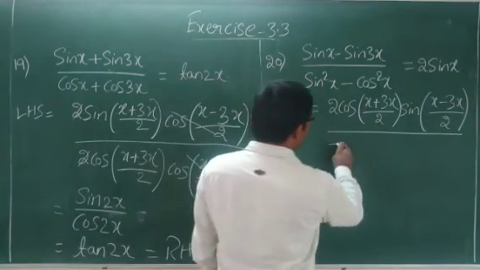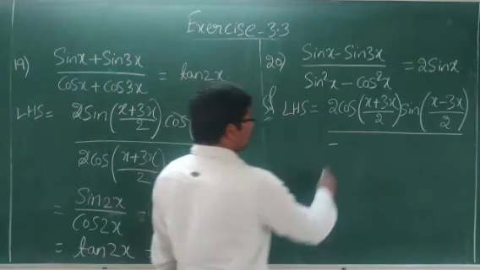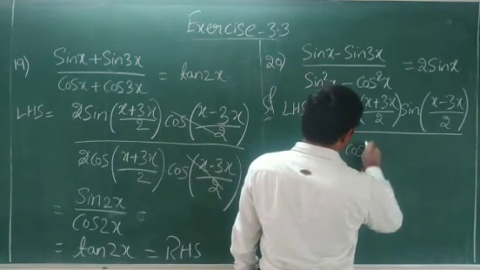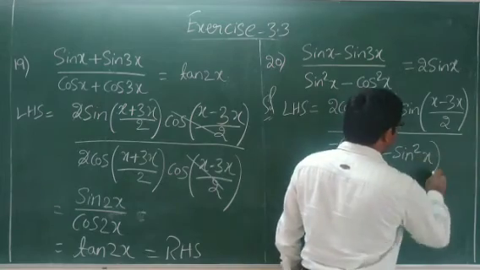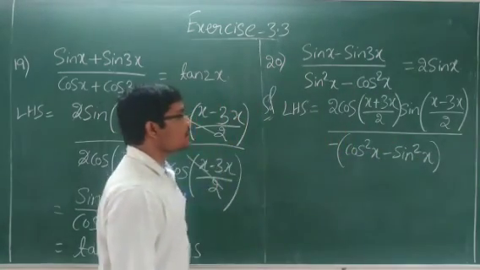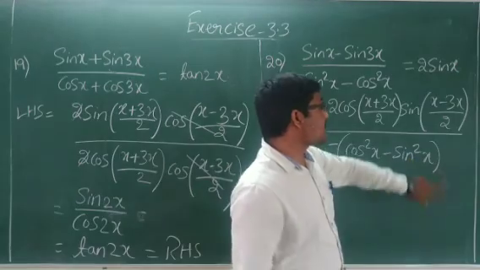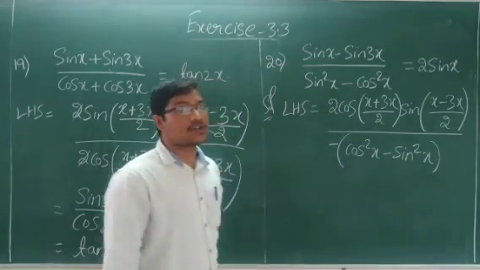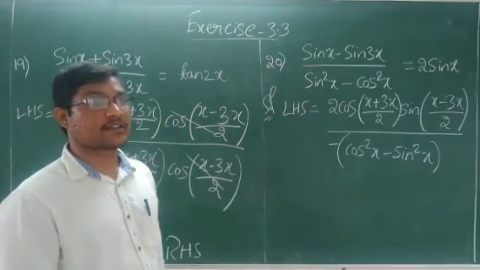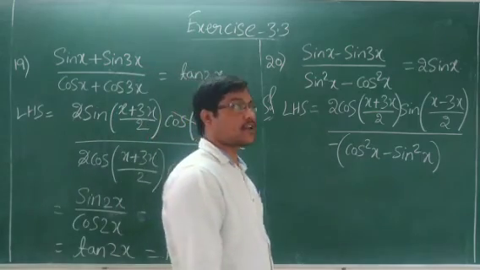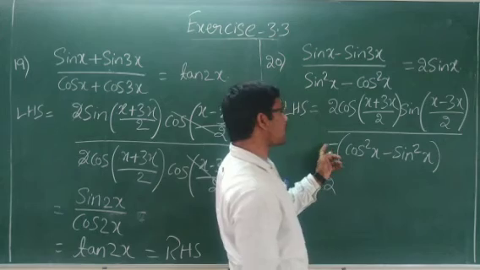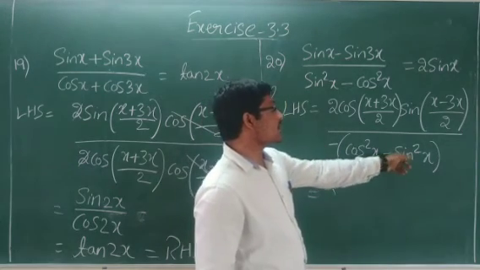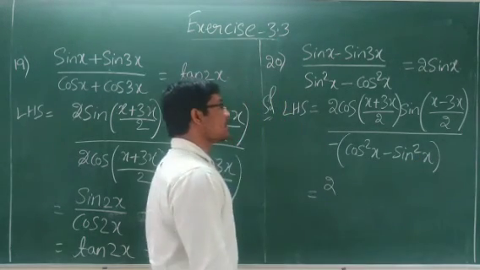If you take minus common from this, we can write this as cos square x minus sin square x. Why are we writing that? Because the formula for cos square x minus sin square x is cos 2x. So we are writing this, by taking minus common, as cos square x minus sin square x.